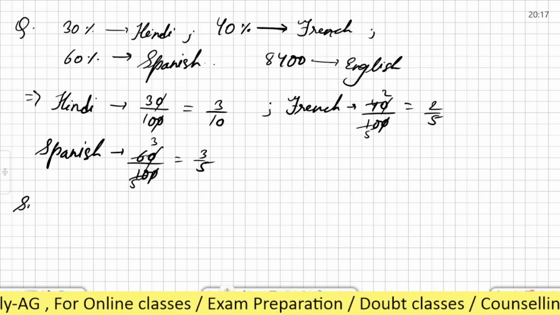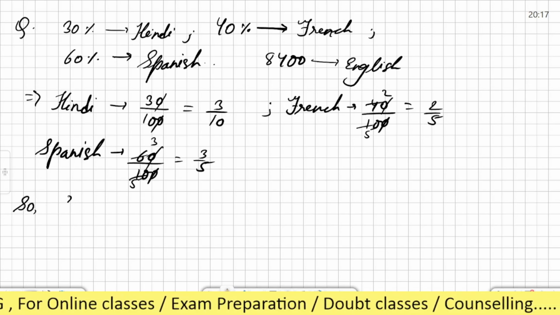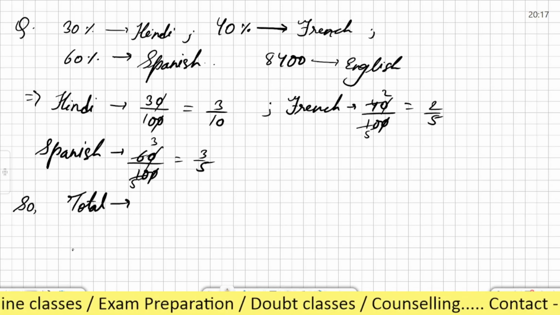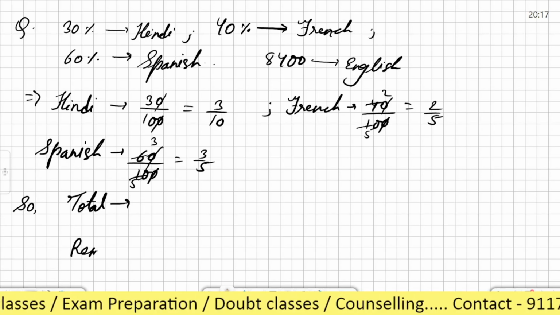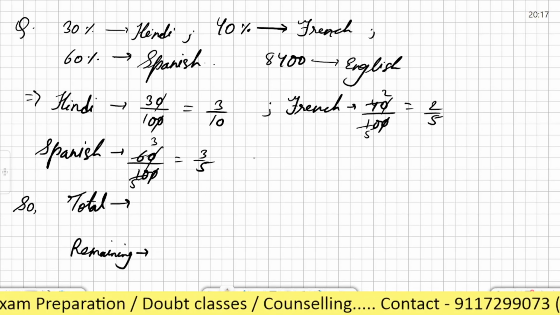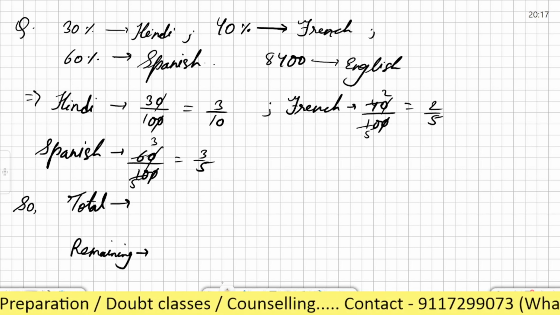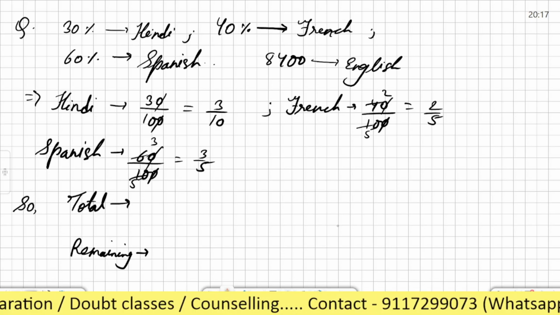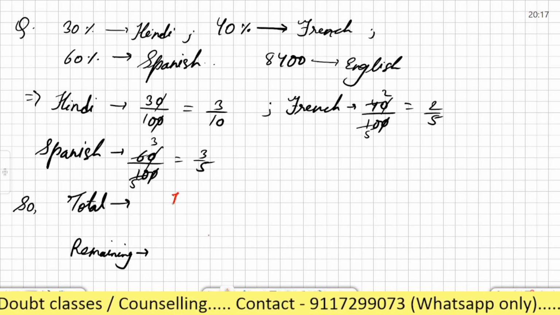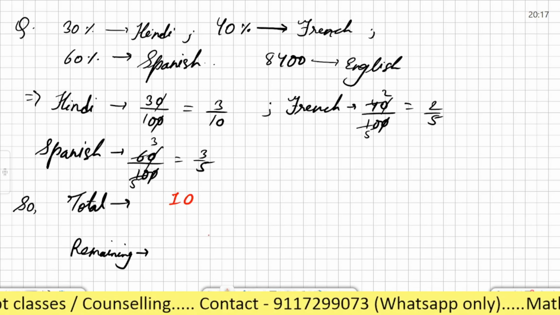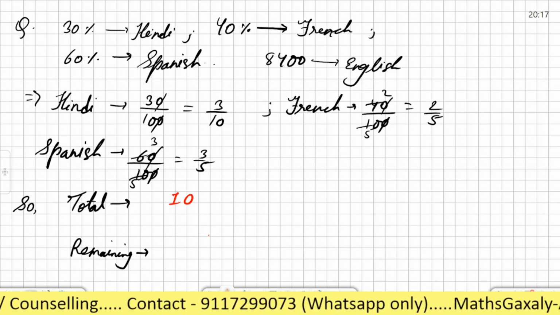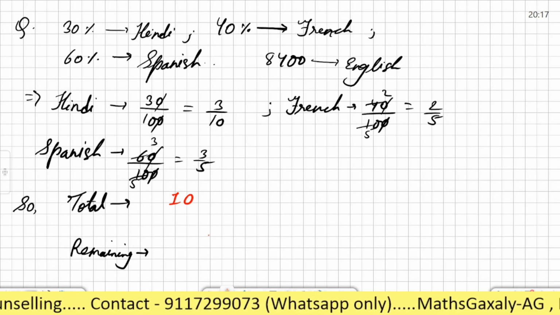Okay, so let's see what we will do. Here we will write the total number of books, and here we will write the remaining books. For Hindi, the total number of books is 10. The 3 we have to subtract, because it is saying 30% of the books.